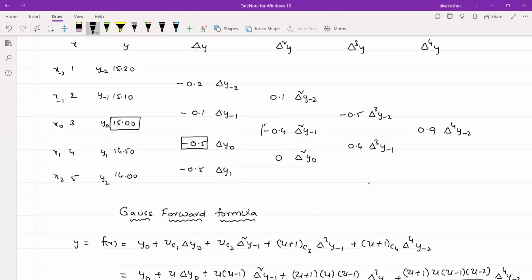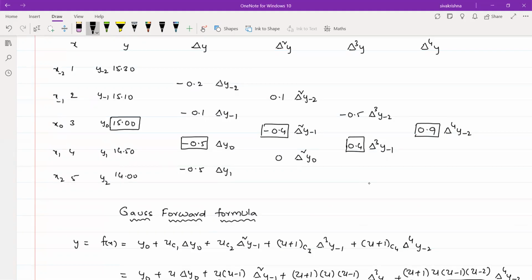So this is delta square y sub x minus 1. After that we want delta cube y sub x minus 1. So this is delta cube y sub x minus 1. And finally delta power 4 y sub x minus 2, and this is delta power 4 y sub x minus 2.